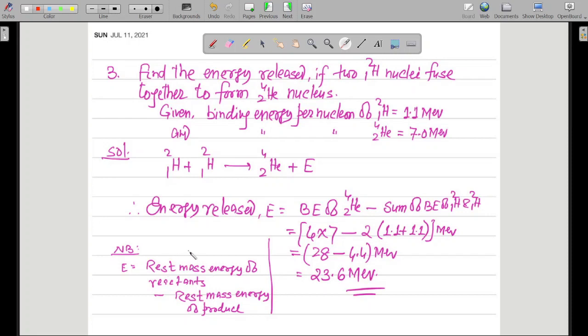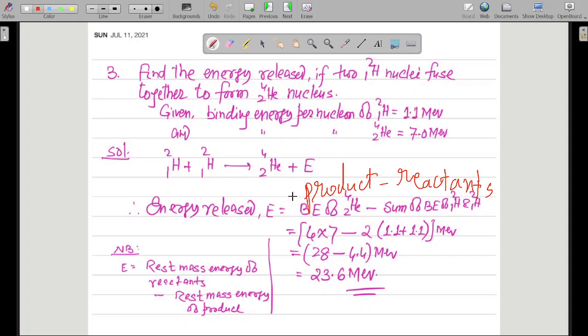Now the thing which has to be noted over here is that we subtracted binding energy of reactants from binding energy of product.